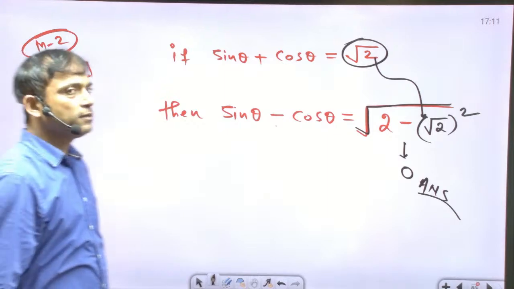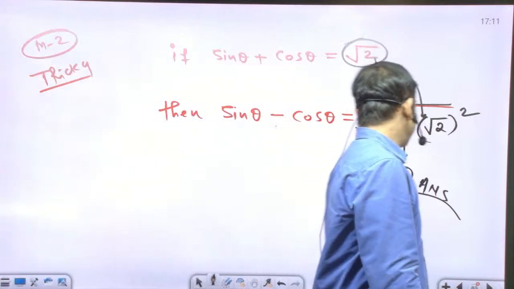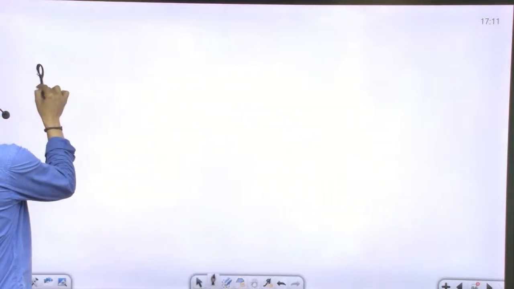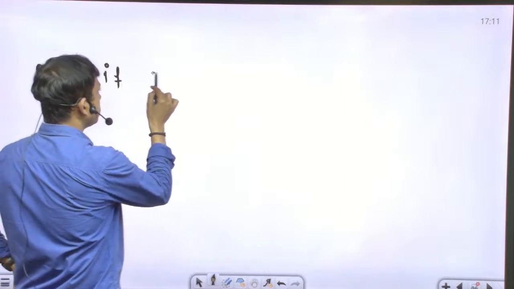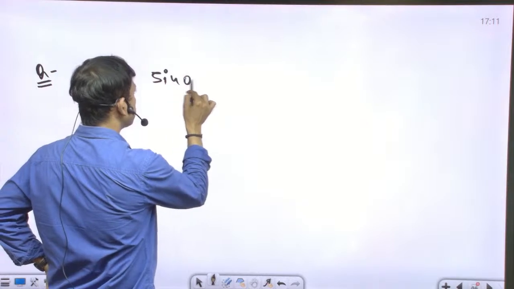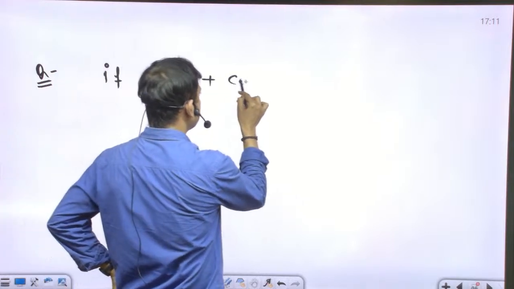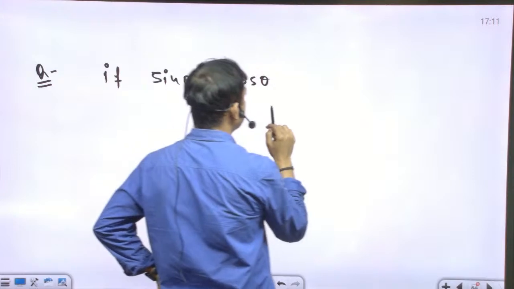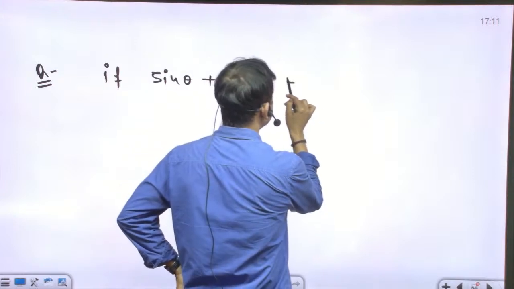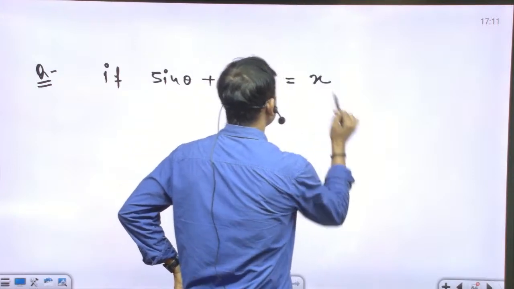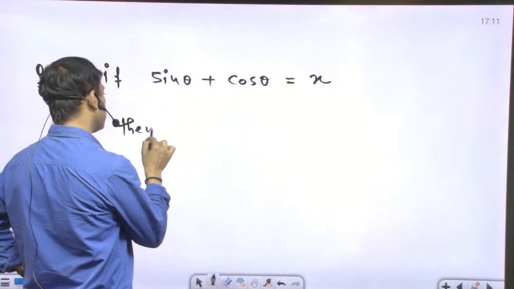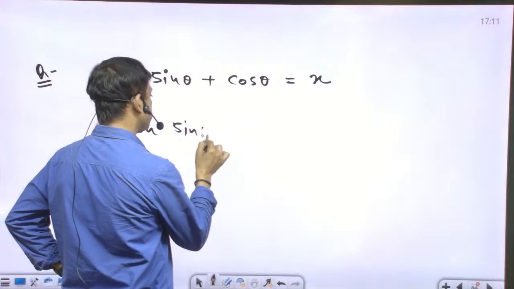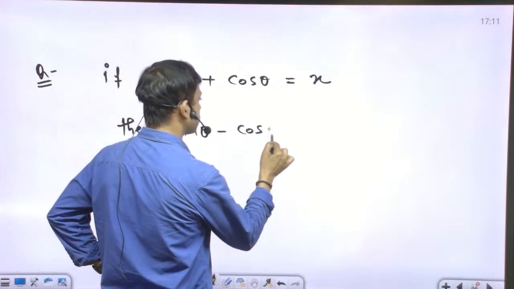Okay. If this part is okay, then try to solve a new question. If sin theta plus cos theta is equal to x, then what will be the value of sin theta minus cos theta?